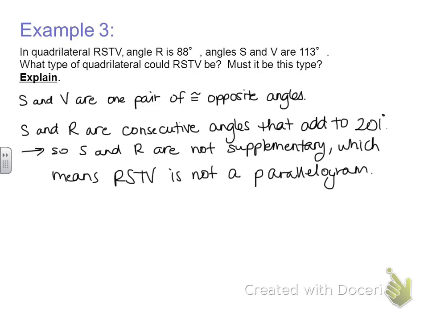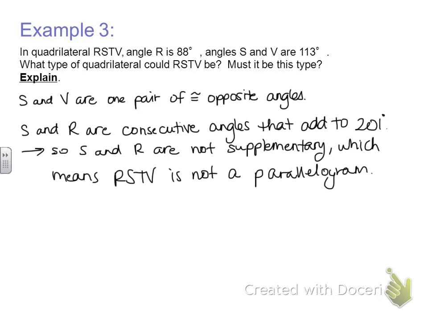Yeah, and that's kind of why I was saying you need to do the check to make sure that it's not a parallelogram. Because when you said, oh, those opposite angles are equal, I asked, well, couldn't it still be a parallelogram if one pair of opposite angles are equal? So you had to check the other ones, right?